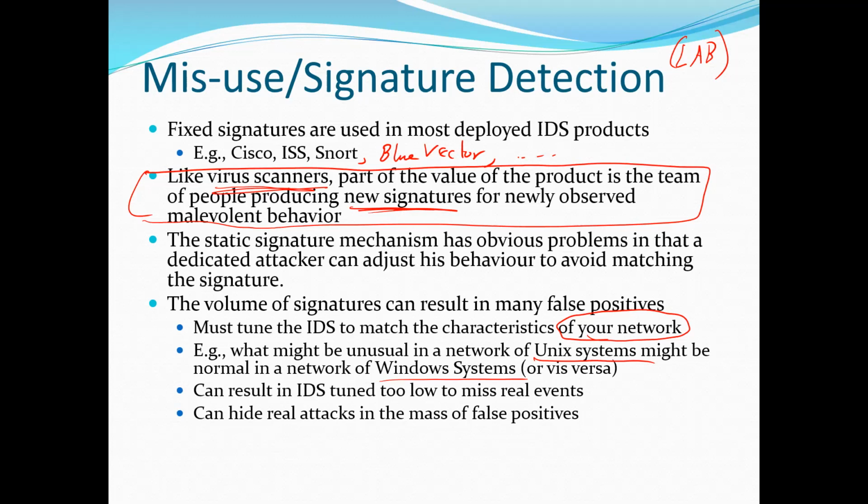So the volume of signatures can result in many false positives, can result in an IDS tuned too low to miss real events, right? Or it can hide real attacks in the mass of false positives, right? So this is related to the tuning, which is what I was saying.